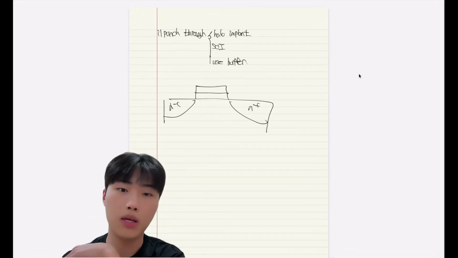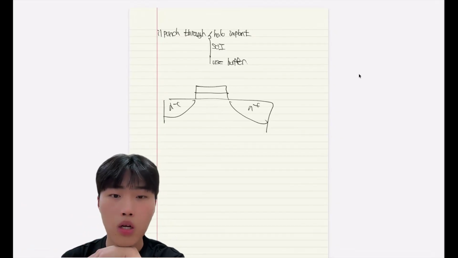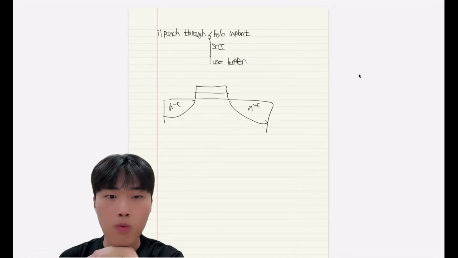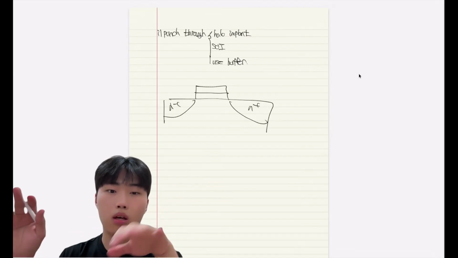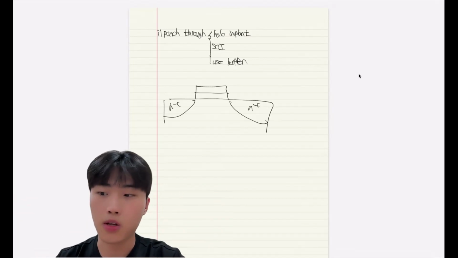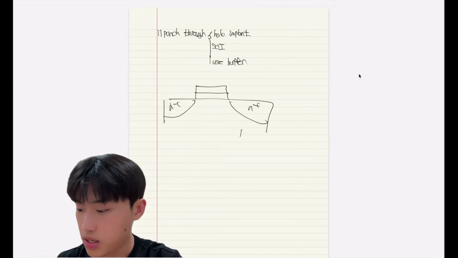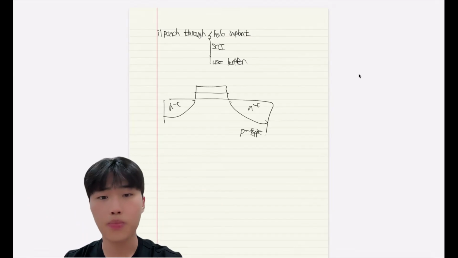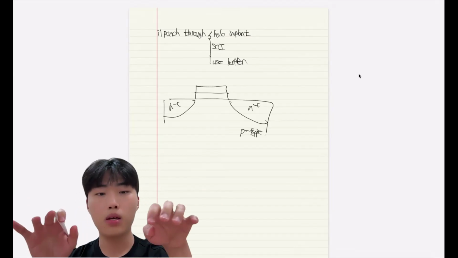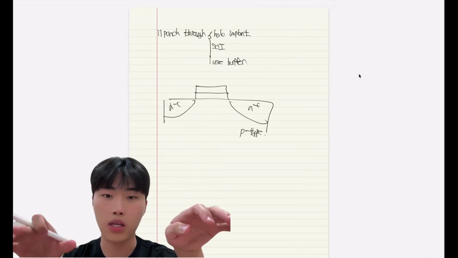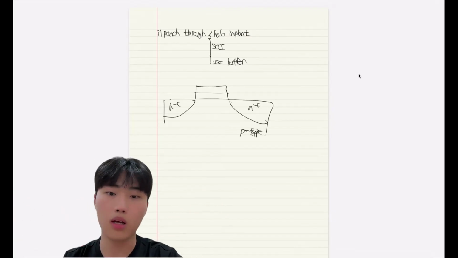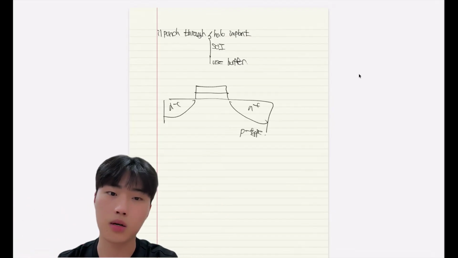So this is the NFET. We use N plus semiconductor for the source and drain and a P-type substrate, so the source and the body, and the drain and the body, look like PN junctions. There will be some depletion region.